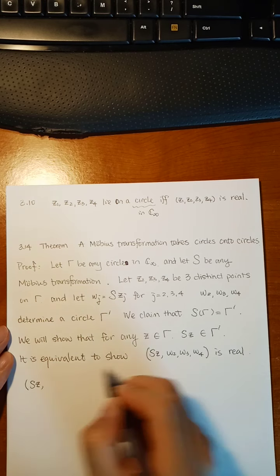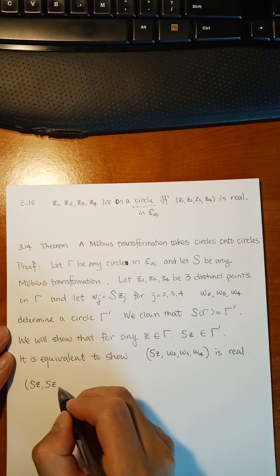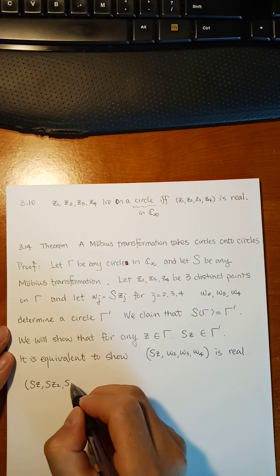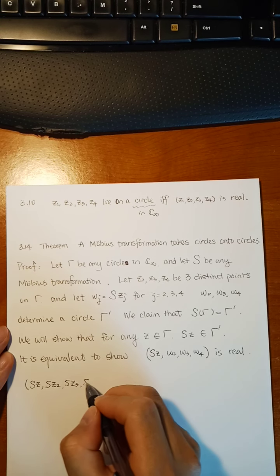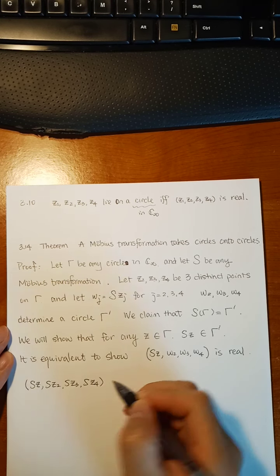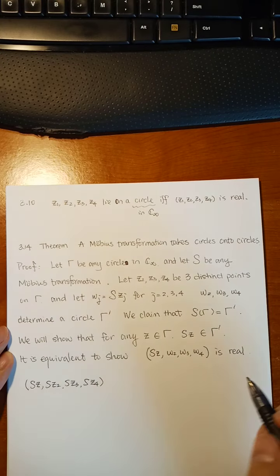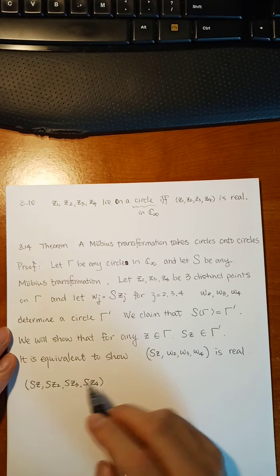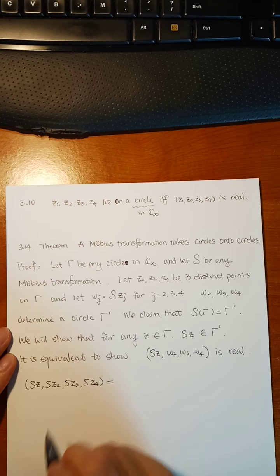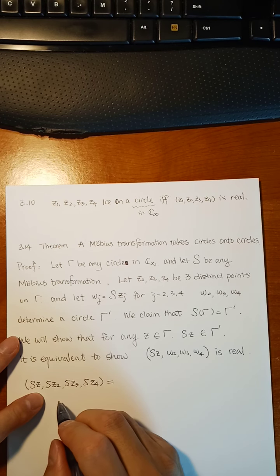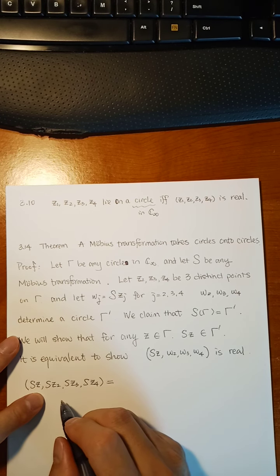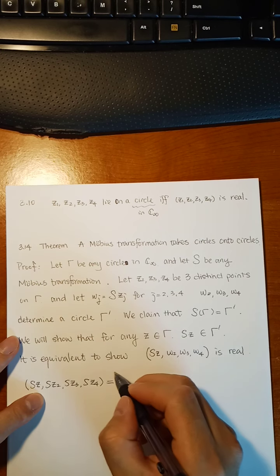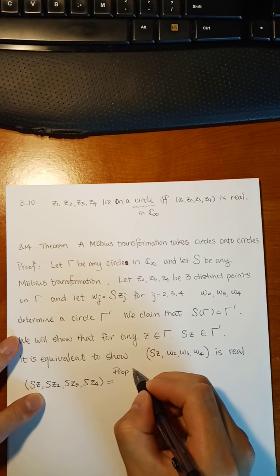S of z, w2 is S of z2, w3 is S of z3, w4 is S of z4. So it's the cross ratio composed with the Mobius transformation S. We had a proposition, Proposition 3.8.